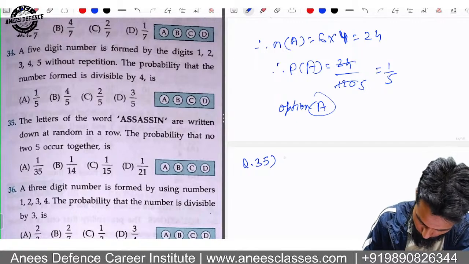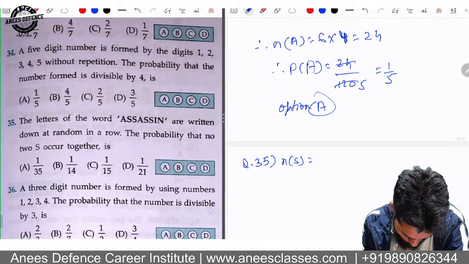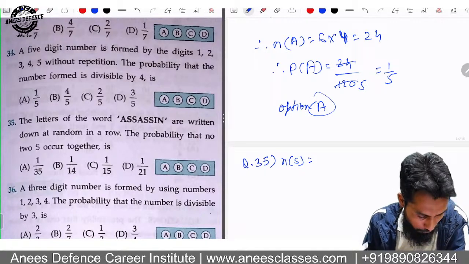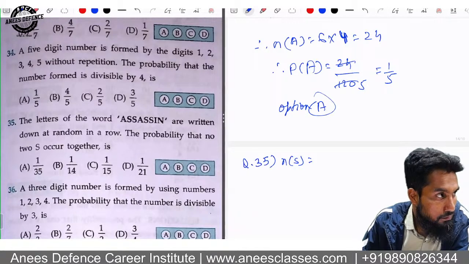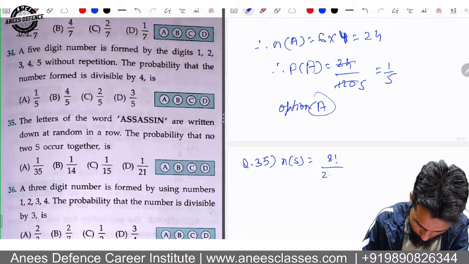What is the total sample space for this? How many ways can you arrange? What is the sample space? Yeah, 8 factorial upon 2 factorial into 4 factorial. Correct?